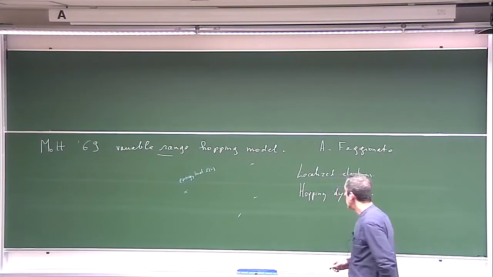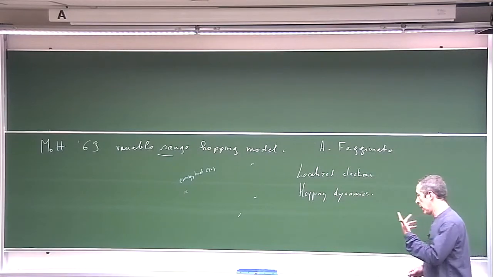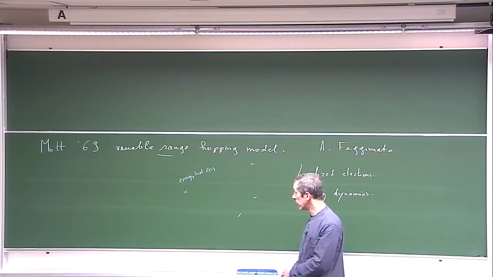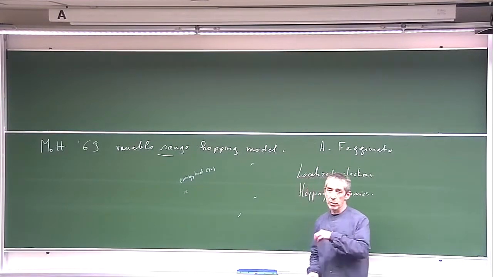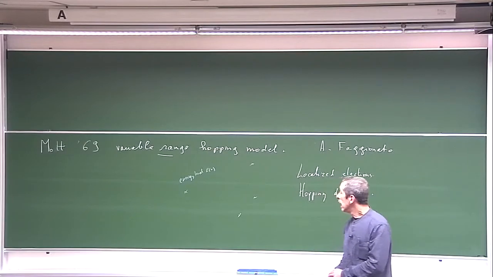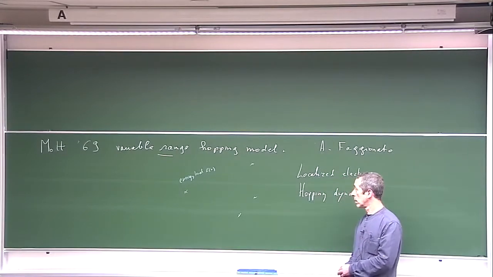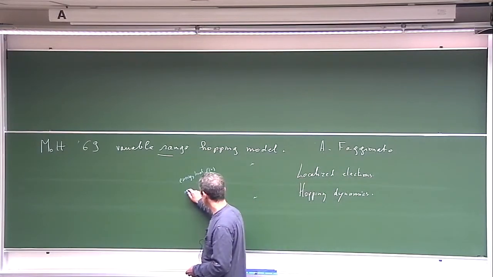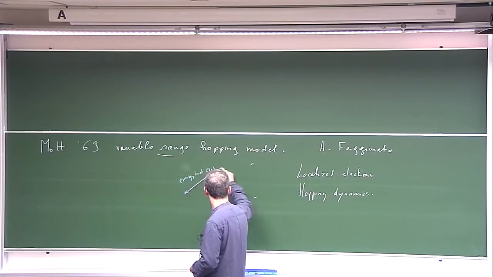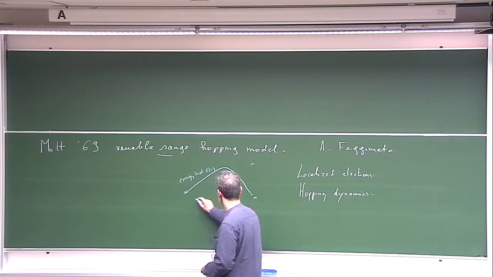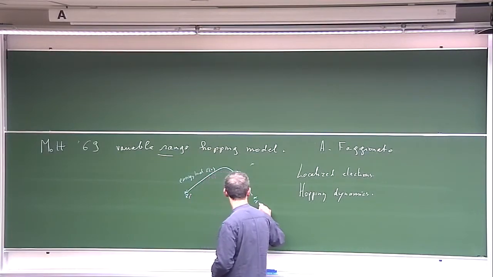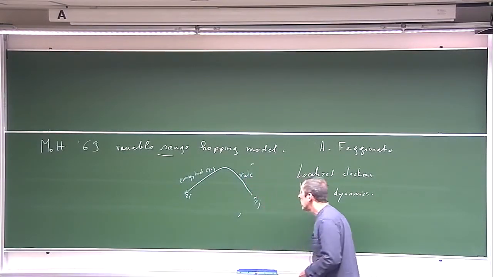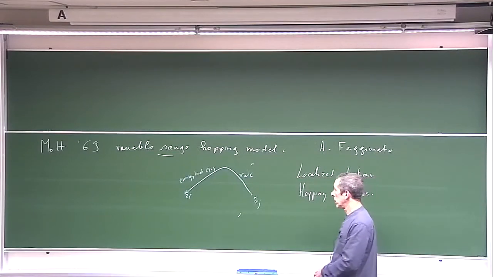Now, how does it do that? You should describe the rate at which an electron can hop from one impurity to another one. And this depends on the point the electron starts from, and then it's going to jump to another one, so from some point xi to another point xj, with a certain rate. And the rate depends on two things.